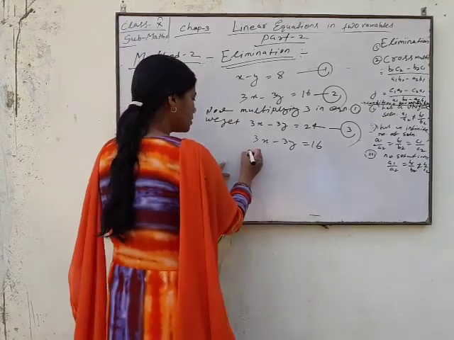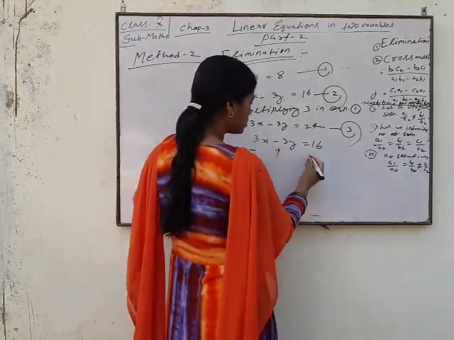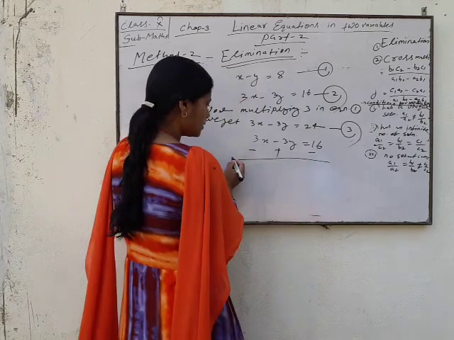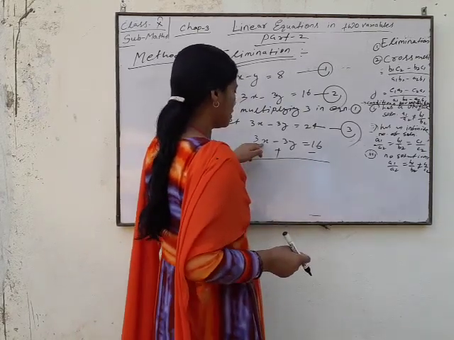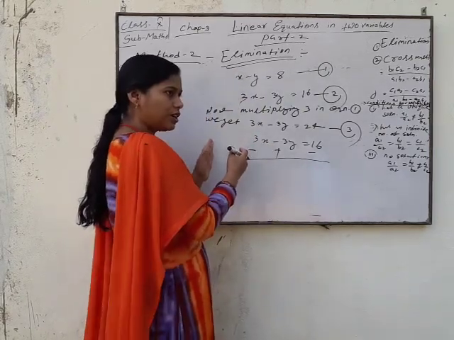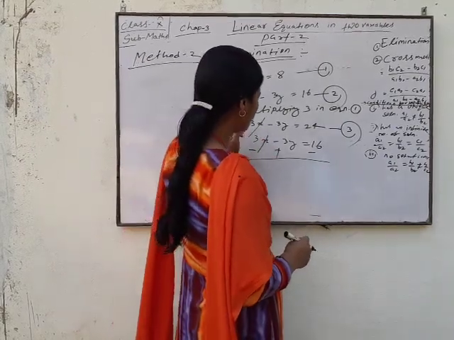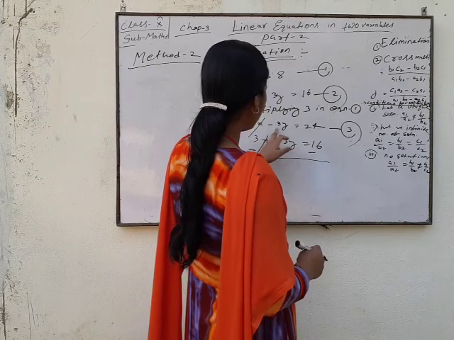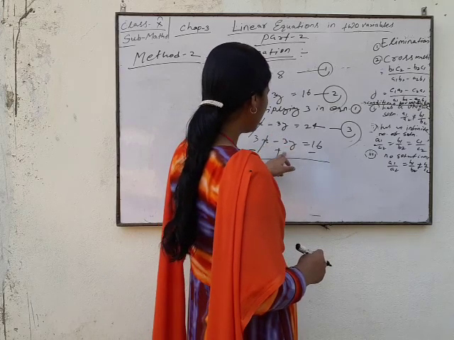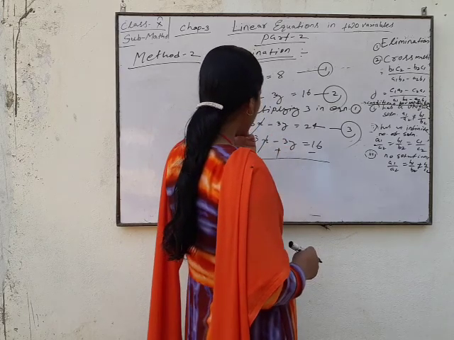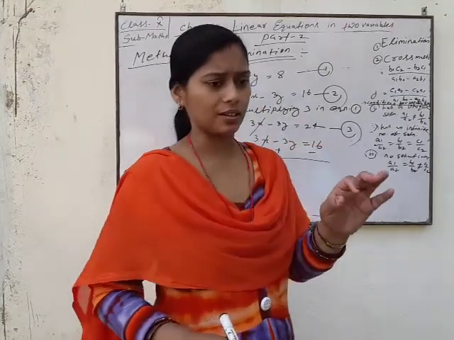Now subtract it. 3x minus 3x is eliminated, it means cancelled. And what is left? Minus 3y minus minus 3y, these also cancel.